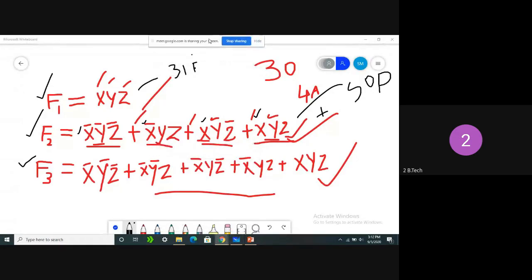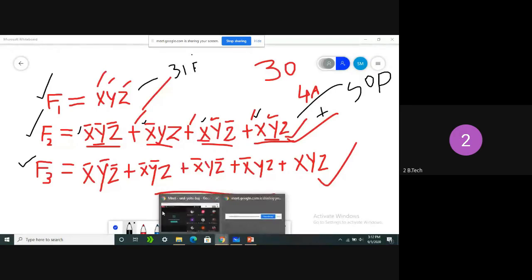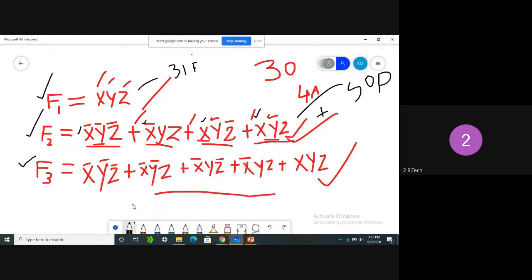To know the concept only, I am removing some terms to know the new terminology. So this removal of terms is not based on the truth table. Don't connect these changes with the truth table. Okay, clear to all of you? For our convenience only, I'm removing some letters in particular terms. So here I am removing Z. Clear to all of you? Did you observe this in F3?